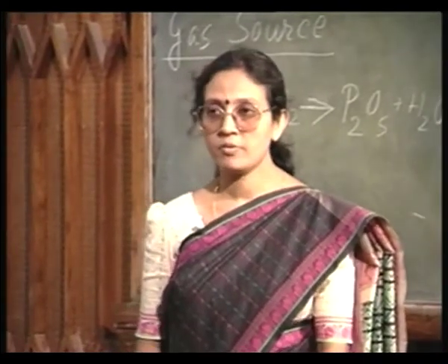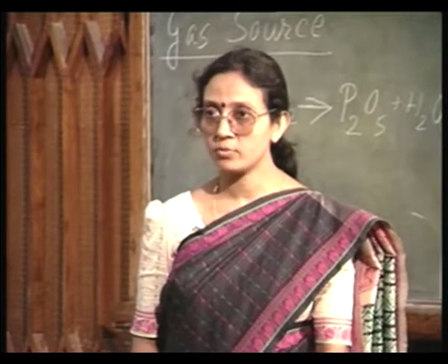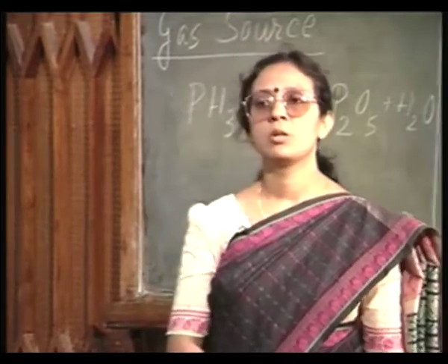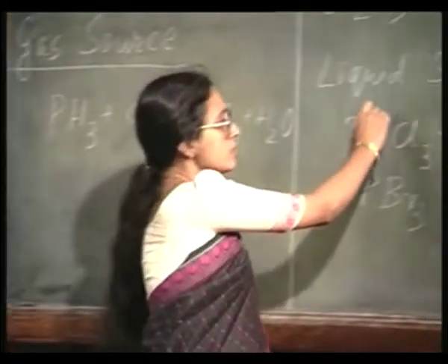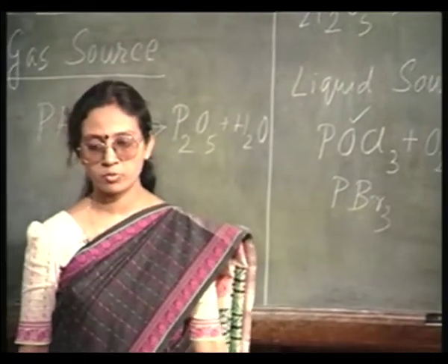But again, phosphine is a highly toxic gas. So, one must be very careful while using phosphine. That is why for phosphorus almost the single choice of source is POCl3. We always use POCl3 for phosphorus diffusion.